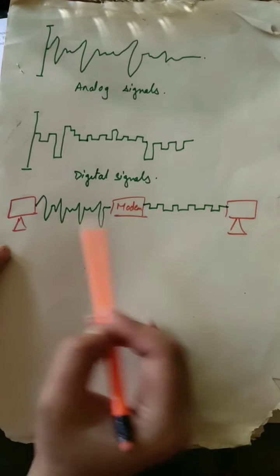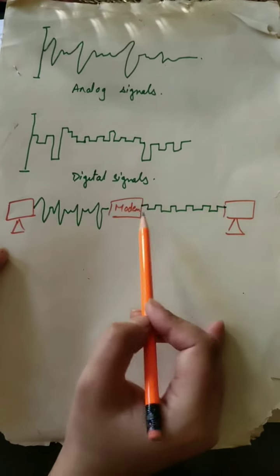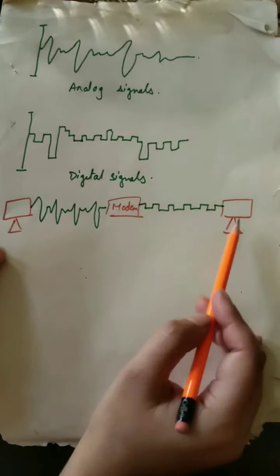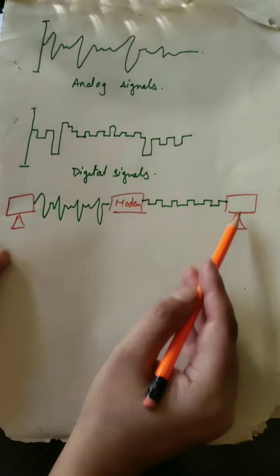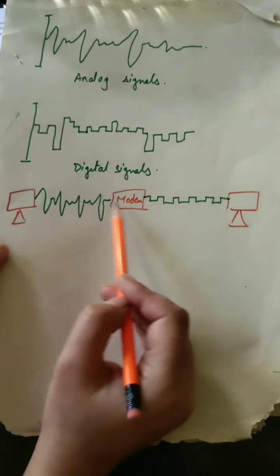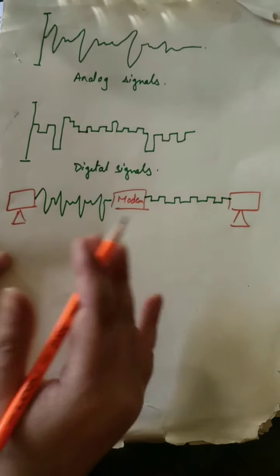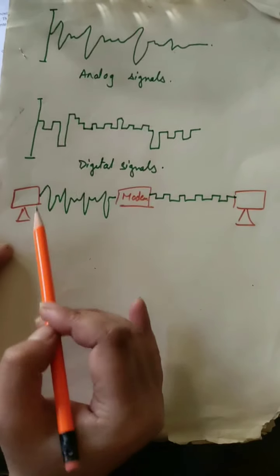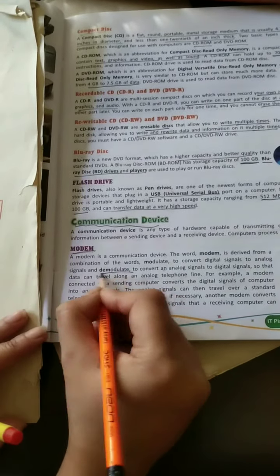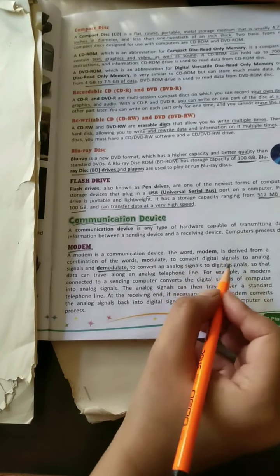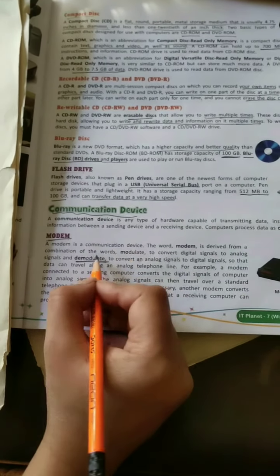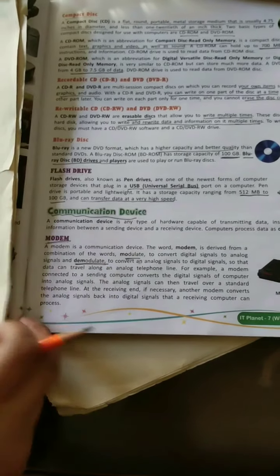Modem is converting analog signals to digital signals so the data can be easily transferred, and digital signals to analog signals so the communication can be easily established. The process of analog to digital is called demodulation, and the process of converting digital to analog is called modulation.